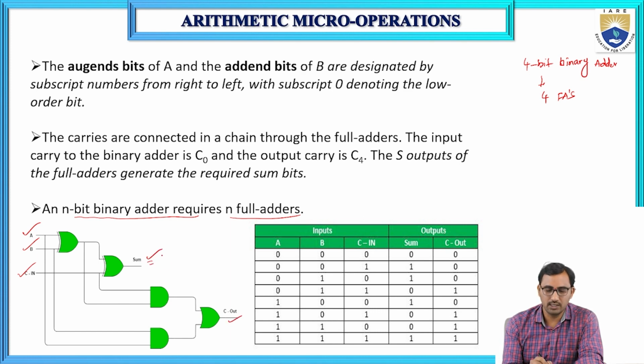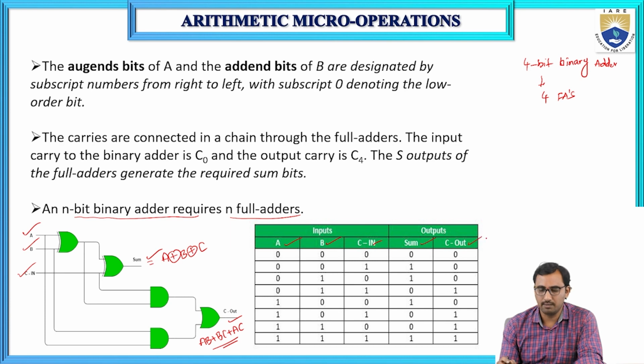The sum expression is A exclusive OR B exclusive OR C. Similarly, the carry out expression is AB plus BC plus AC. So inputs are A, B, C, and outputs are sum and carry.